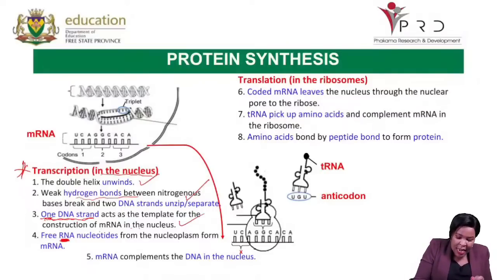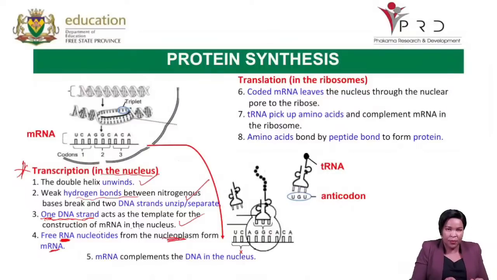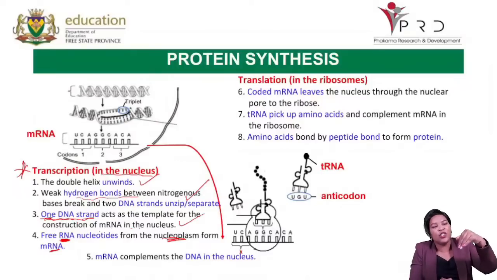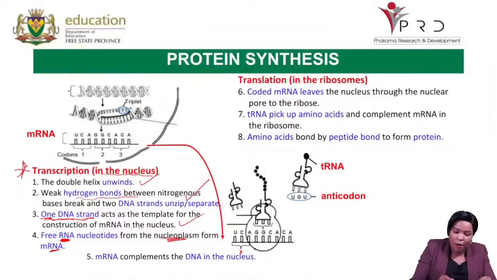Now, the free RNA nucleotides from the nucleoplasm form mRNA. So how do they do it? They just come like they did with DNA replication. They are going to complement that original strand of DNA. Let's say this was the copied strand. Here it is.